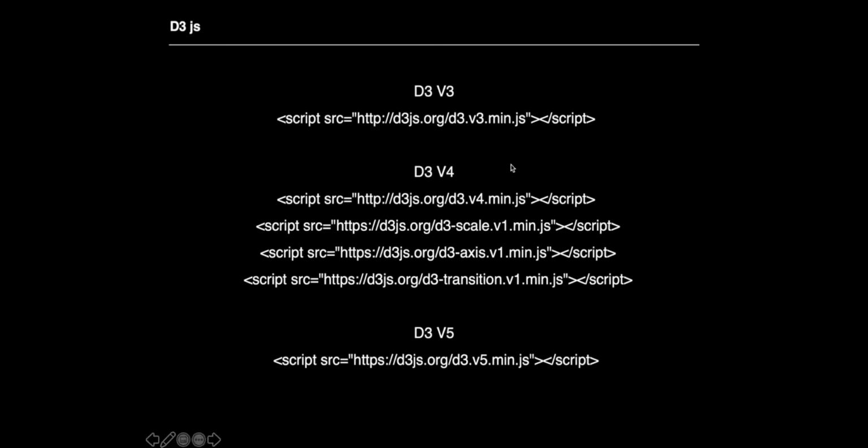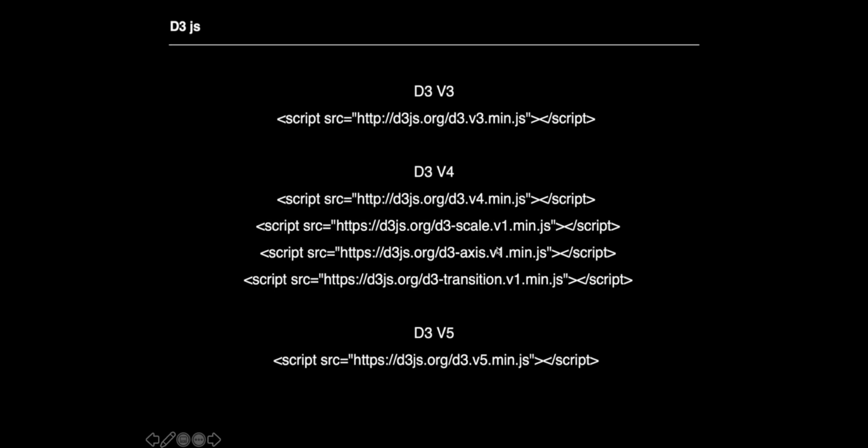They since moved on to version 4, which decided to break it out into separate little libraries for different tasks. So there's the main D3 library that you needed, but you also needed a transition library, an axes library, and a scale library to make each one of those individual elements work.